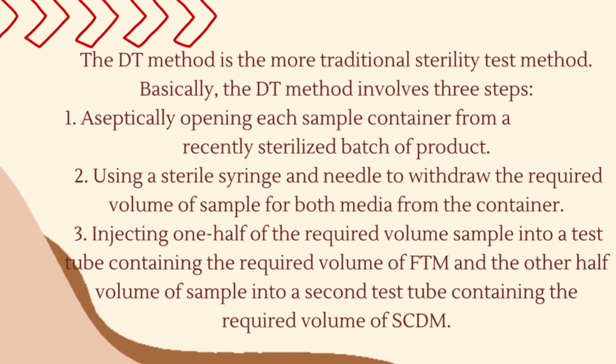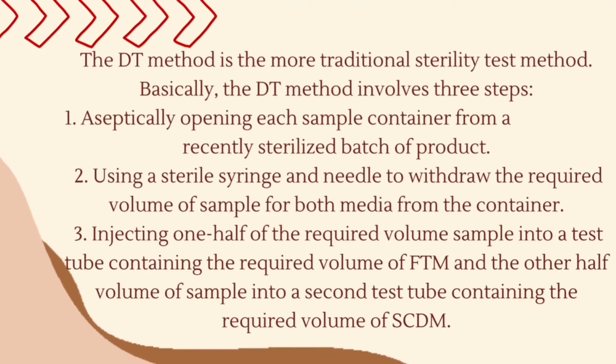Using a sterile syringe and needle to withdraw the required volume of sample for both media from the container. 3. Injecting half of the required volume of sample into a test tube containing the required volume of fluid thioglycolate medium, and the other half of the sample into a second test tube containing the required volume of soybean casein digest medium.